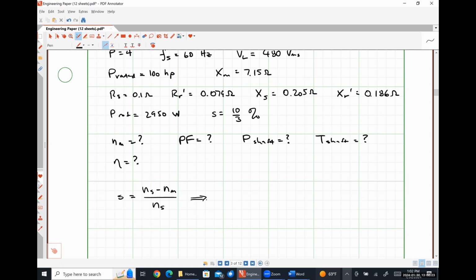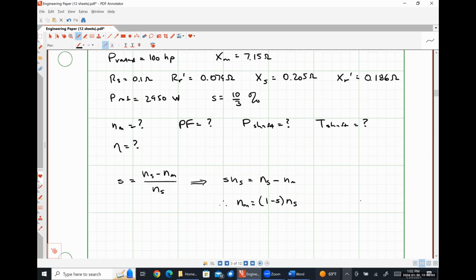So we can rearrange this a little bit and we would see that S times Ns is equal to Ns minus Nm. And so from here, I believe Nm is just 1 minus S times Ns. We have slip, we don't have Ns yet, but we can figure that out pretty easily.